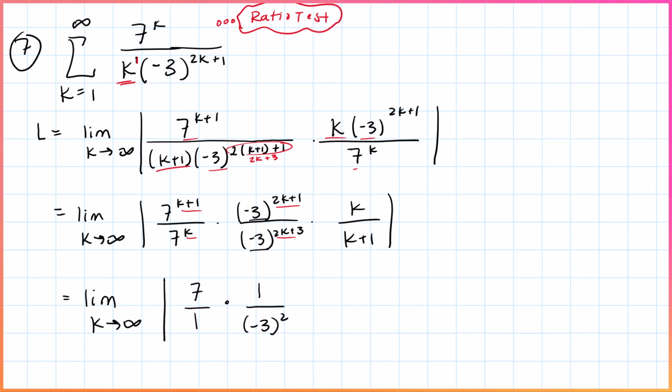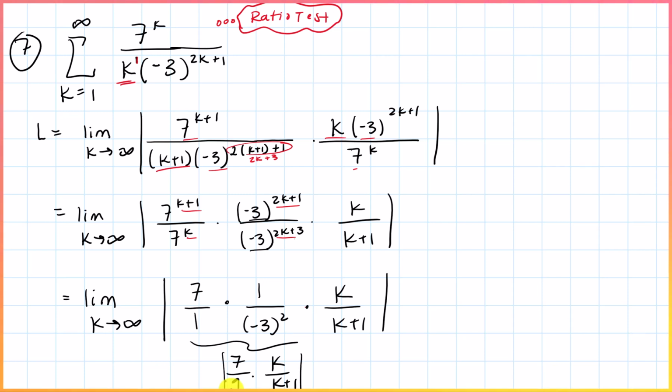And then this k, we still have that k over k plus 1. I'm going to leave that there. But when we take the limit, that's going to pan out. So this right here becomes a constant. It becomes 7 over 9 times k over k plus 1. But it's a positive 9.